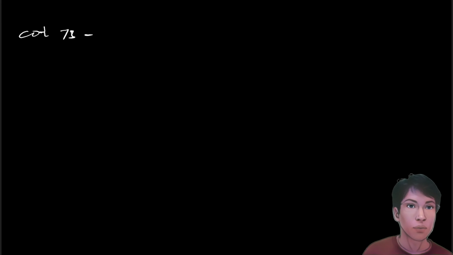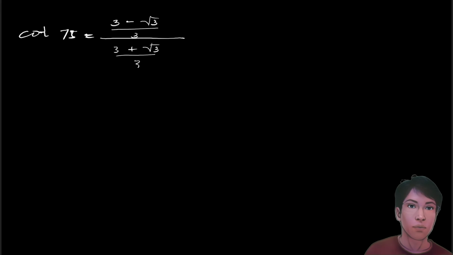Right, so let me continue over here. Cotangent, what's this? Cotangent 75. So this is 75. 75 equals 3 minus square root of 3 over 3 divided by 3 plus square root of 3 over 3. And we can see that the 3s are now cancelled.